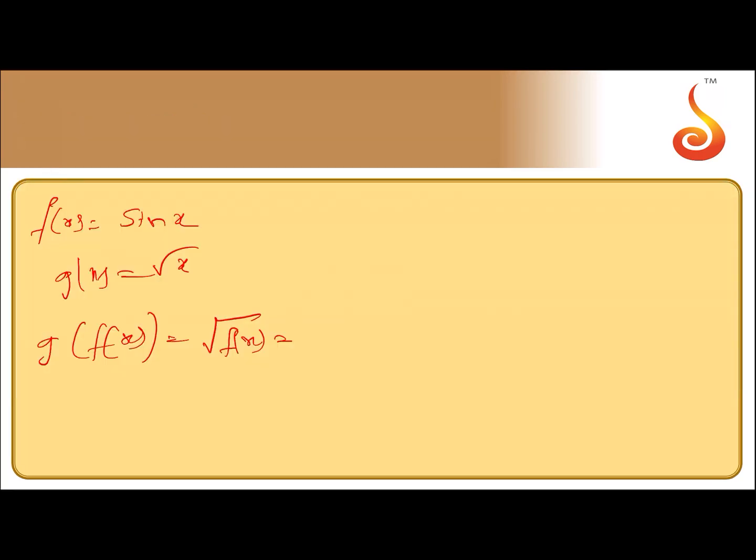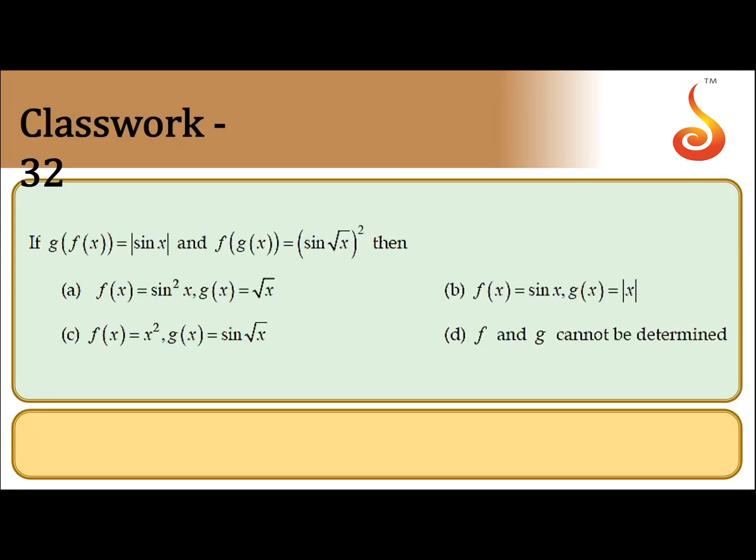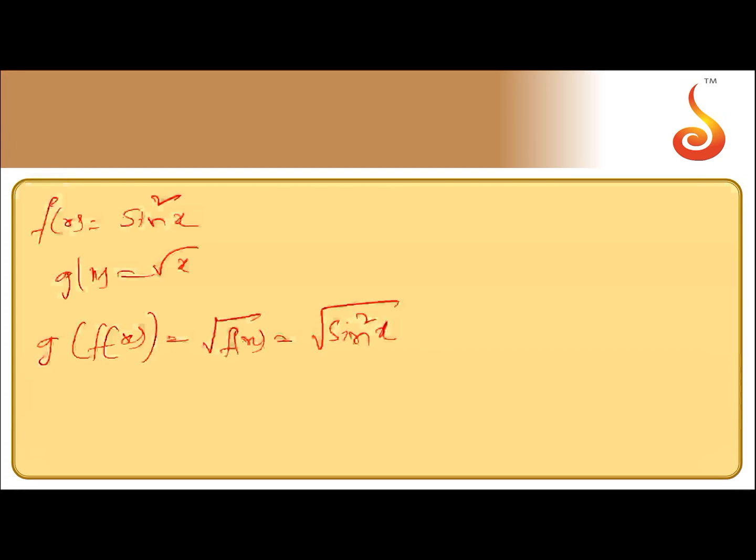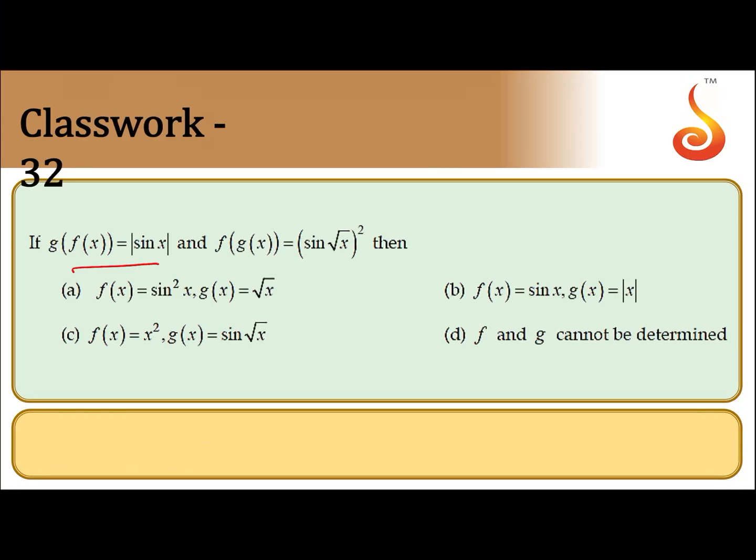So g of f of x is equal to root of f of x, but f of x is nothing but sine square x. As we have the modulus sign, this is nothing but the modulus of sin x, since we may not know whether it is positive or negative. Therefore g of f of x is equal to modulus of sin x, exactly satisfying the first one.